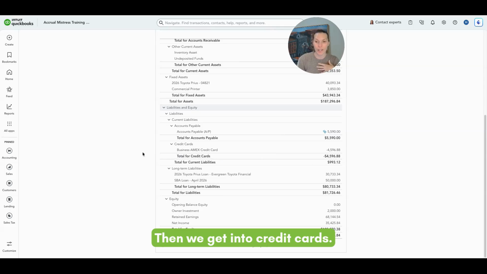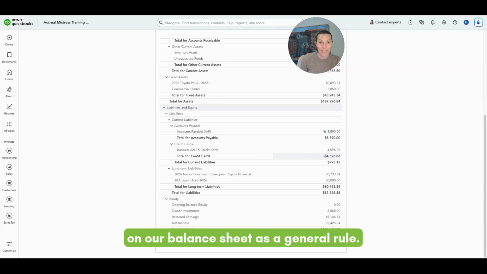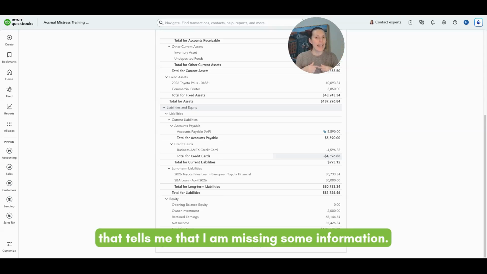Then we get into credit cards. Now, like I said, we don't want to see negative balances on our balance sheet as a general rule. So the fact that this business Amex credit card has a negative balance tells me that I am missing some information.